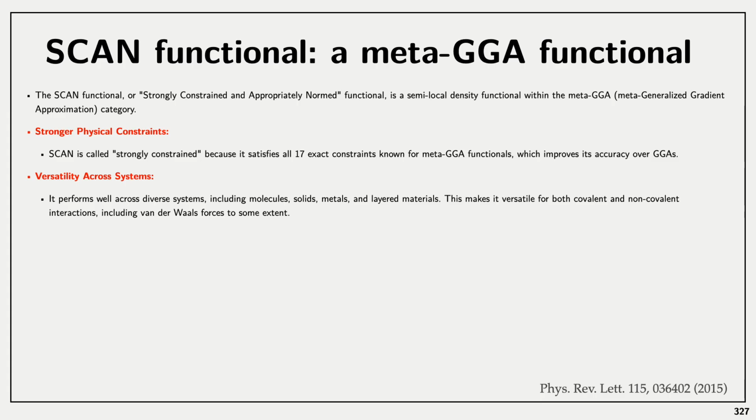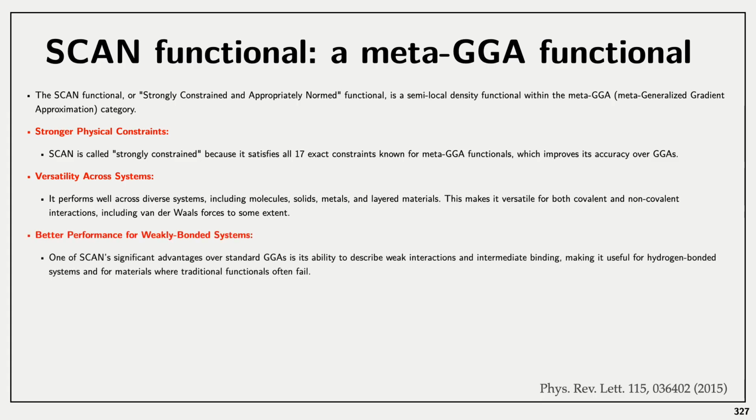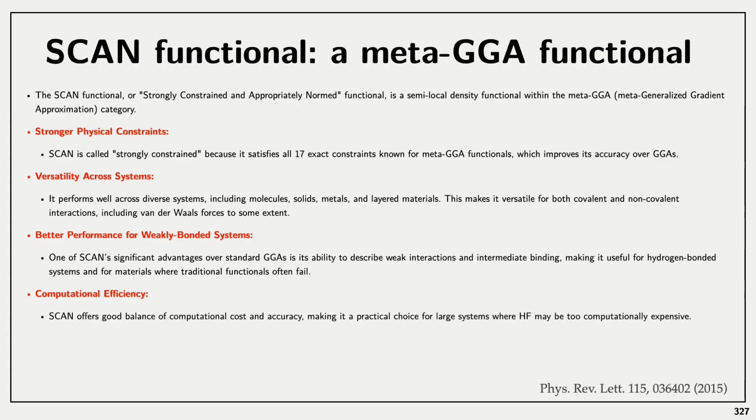It's very good for weakly bonded systems as opposed to GGA, which, because of its semi-locality, is not that great in that case. And as I said, on computational efficiency, sure, SCAN is more computationally expensive than GGA, for instance, but it's not prohibitive compared to hybrid functionals, especially for large systems. So SCAN is great.